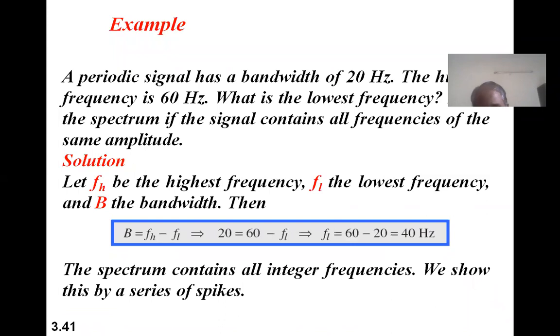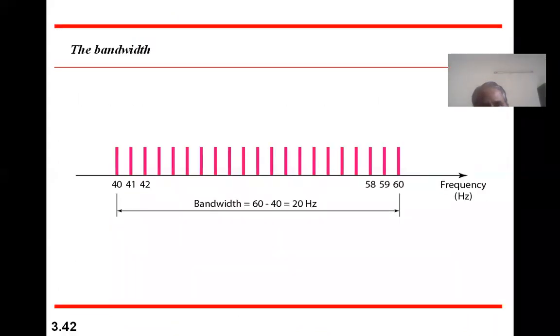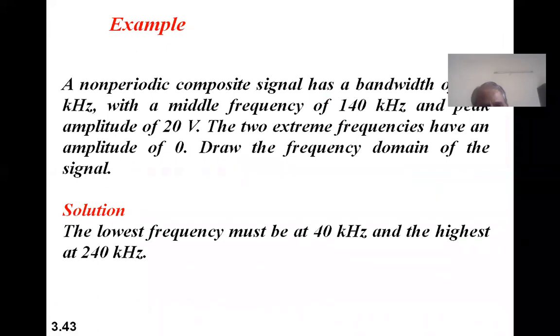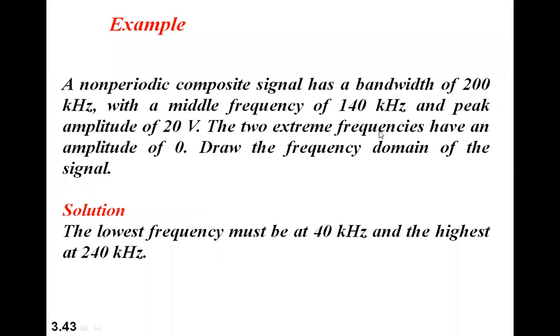So here is another example. For non-periodic, if you see, this is one: 40 kilohertz to 240 kilohertz. So it will have a continuous signal. You can see that here.